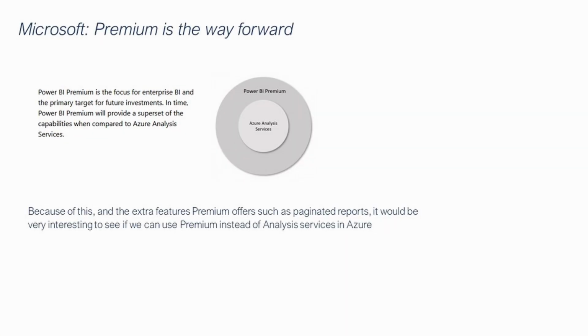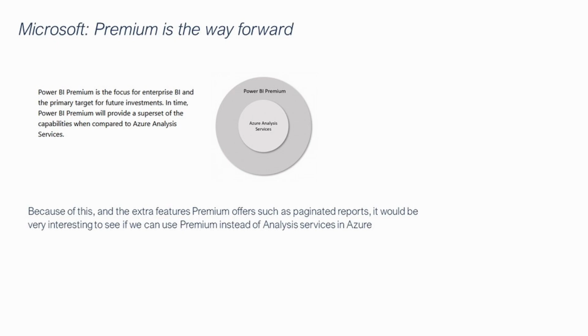So if you look at what Microsoft said about Power BI Premium, in a blog post from about 1.5 years ago, they said that if you look at the future roadmap for analysis services, this is the way to go.